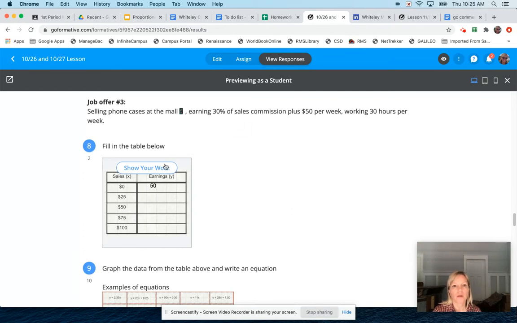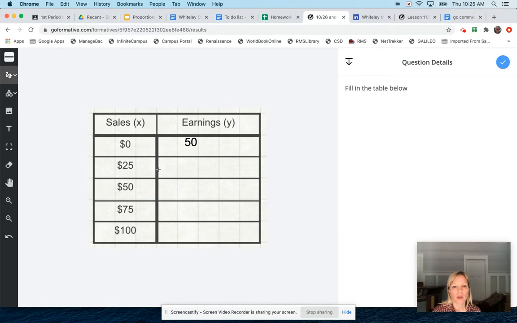So if I sell $25, 30% is the same thing as 0.30, which is the same thing as 30 over 100, because percent means per 100.